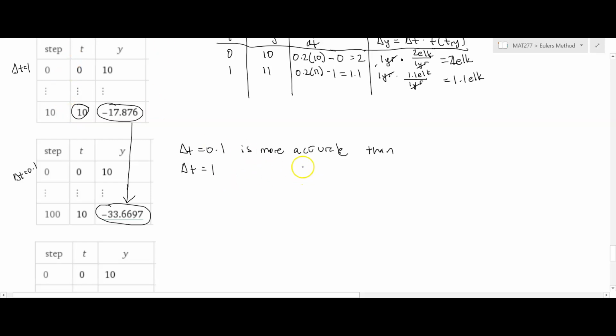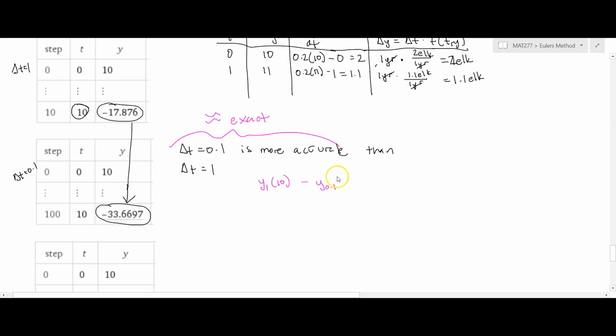So instead of coming up with an exact value, which we don't have, we're going to treat this as approximately exact. Okay, right? Because it's more exact than the delta t equals 1. So what I'm going to do is I'm going to do my y estimate for a delta t of 1. That's my estimated value at time 10, minus my y value for a delta t of 0.1.